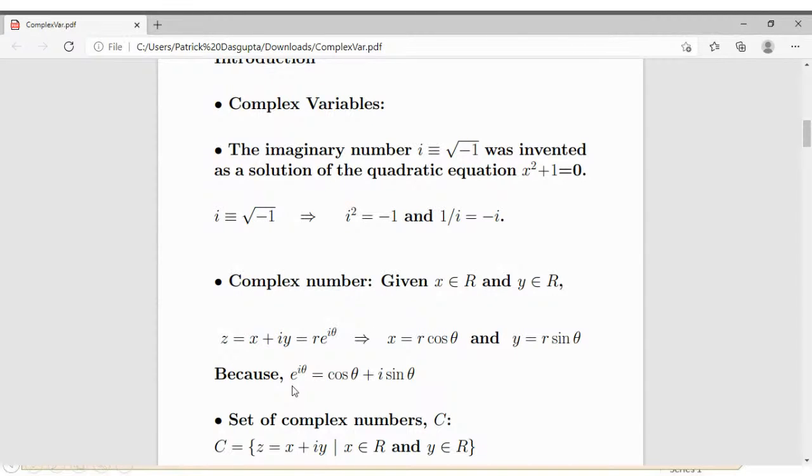Because e raised to power log x is nothing but x itself. Okay? Or log of e raised to power x again is x itself. And therefore, this formula certainly is not very intuitively obvious.